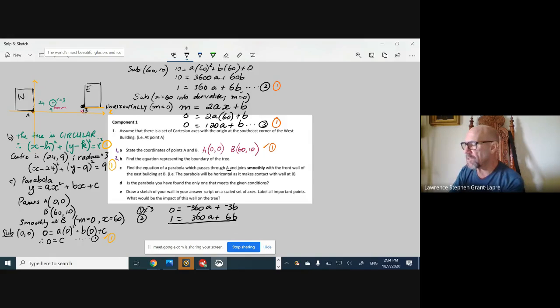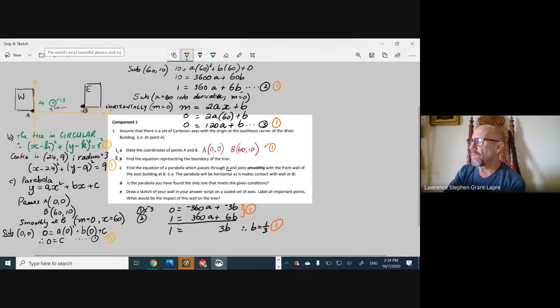I'm just using elimination. 0, 3B, therefore B equals a third. Now we've just got a mark for your solving, whether you use substitution or elimination. We've got a mark for B.